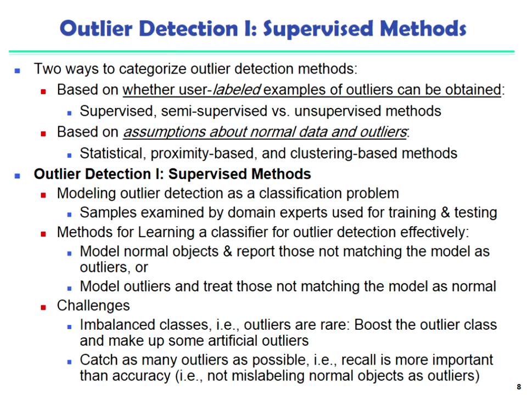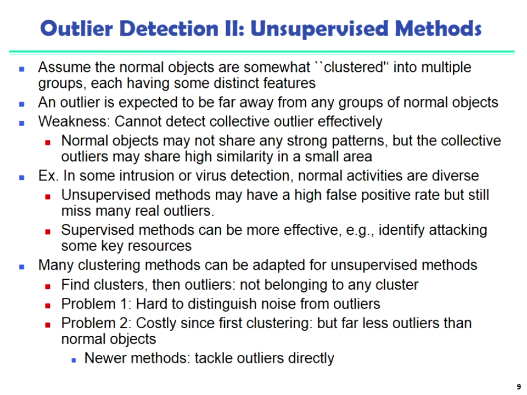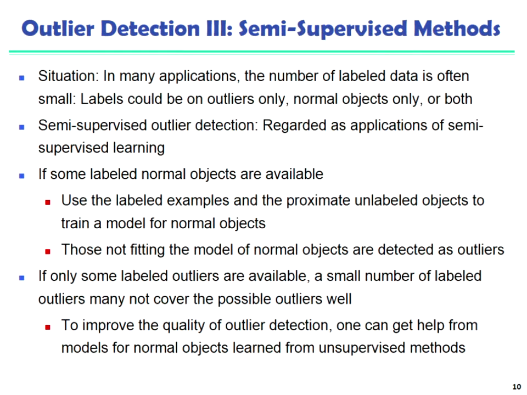For example, if only some labeled normal objects are available, we use the labeled examples and the unlabeled objects to train a model for normal objects, and those not fitting the model of normal objects are detected as outliers.